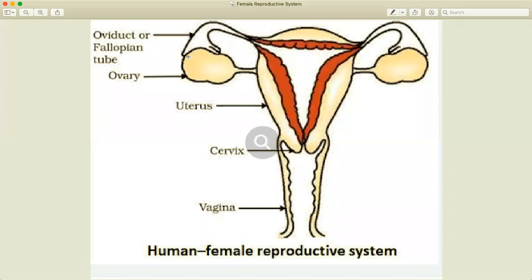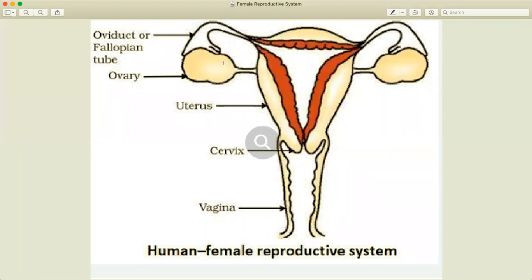At the time of puberty, the ovary starts maturing and is capable of producing the female reproductive germ cell that is called the egg or ova.